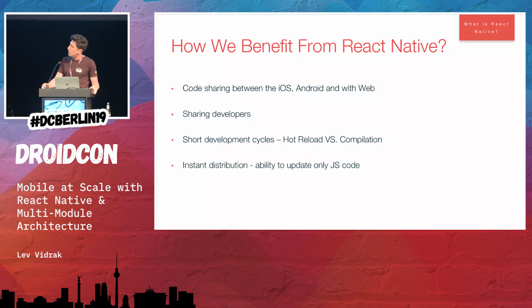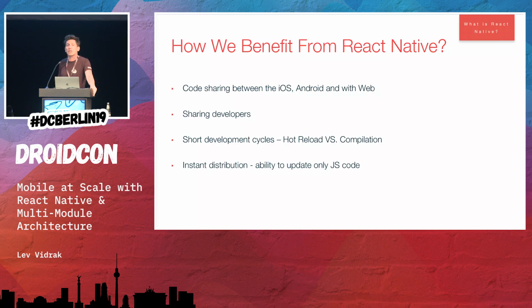And the fact that our business logic is in JavaScript enables us to deploy the code directly to users without going through the App Store and Google Play Store. Because our business logic is in JavaScript, and this is what changes mostly, we don't need to recompile the native code each time. So we can directly send to our users the JavaScript bundle.